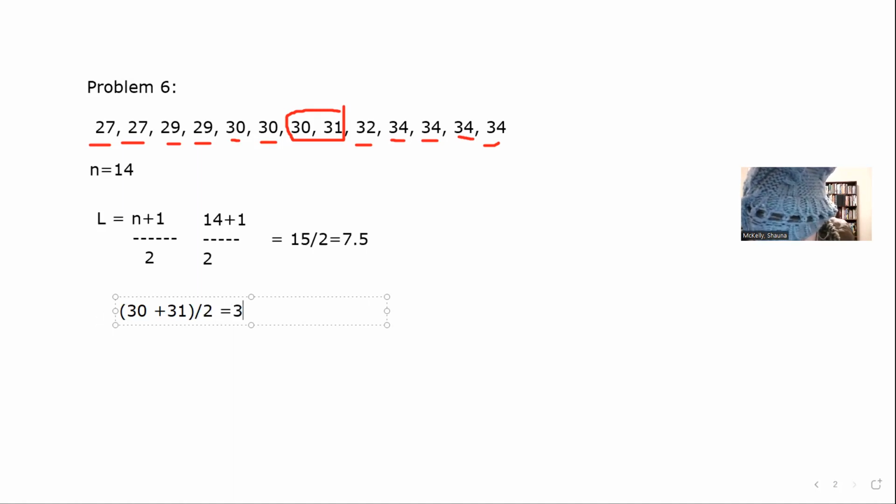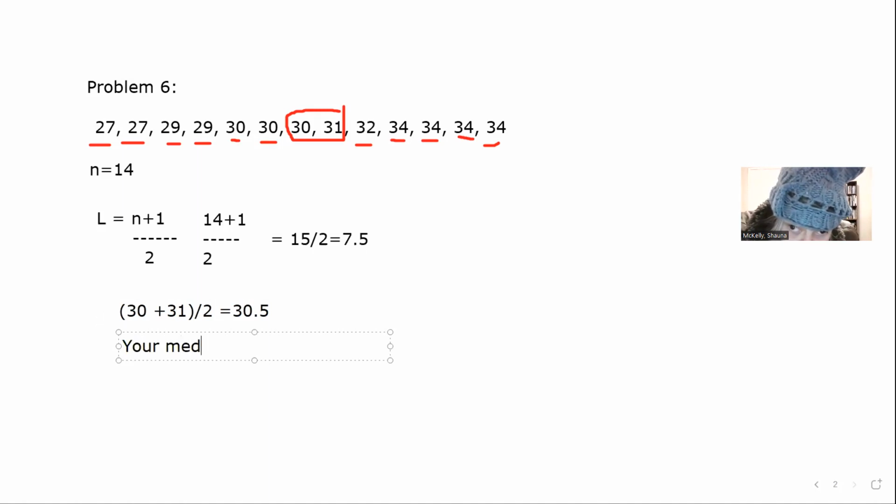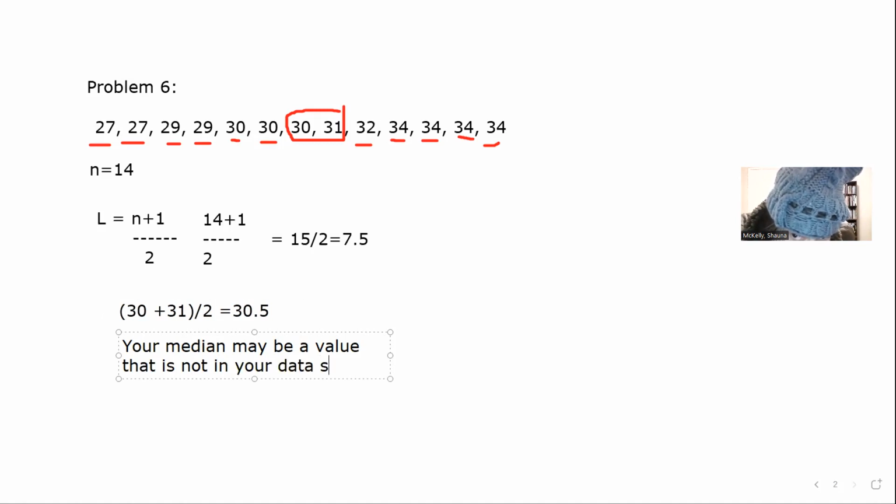So it is possible that your median may be a value that is not in your data set. So if that becomes a true false question, that's true. Is it true that a median may be not in your data? Yes, it can be, but it may not be.